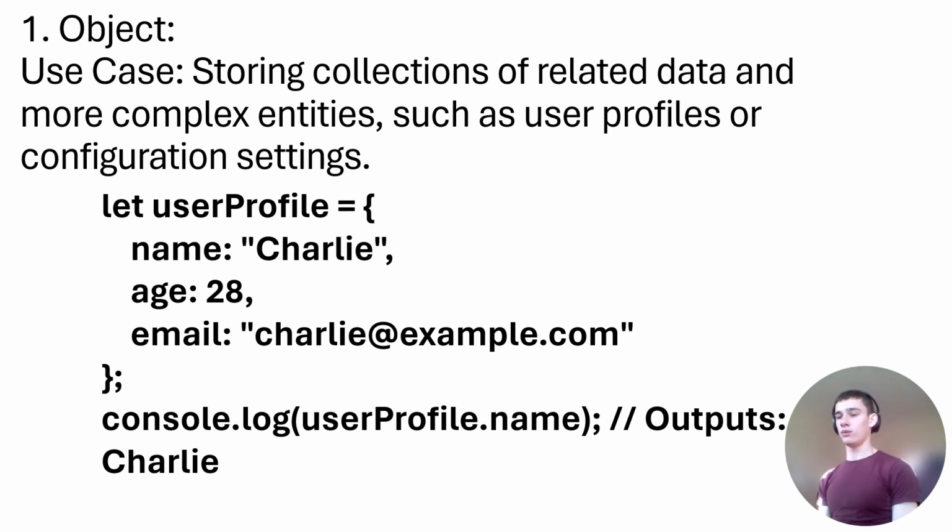And so when we send user profile.name to the console, we can select parts of the data that we've stored inside of the object. So we can say user profile.name, and it's going to output Charlie. If we were to say user profile.email, it's going to say charlie@example.com.